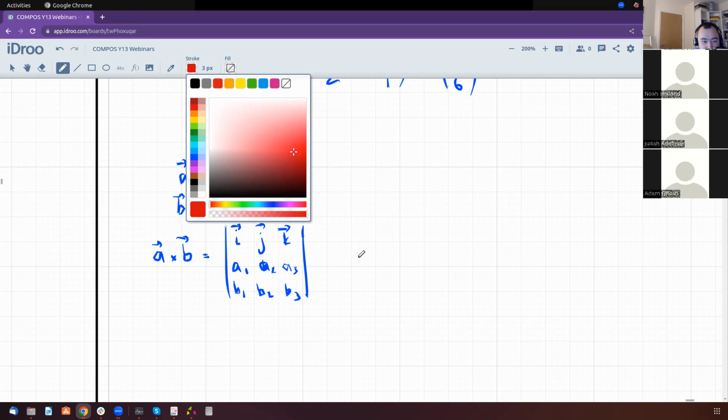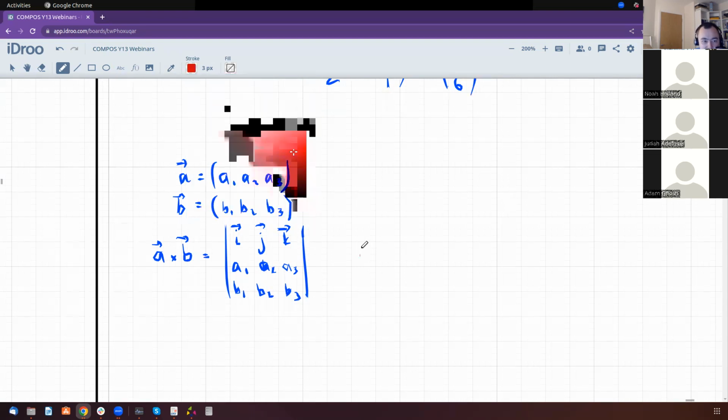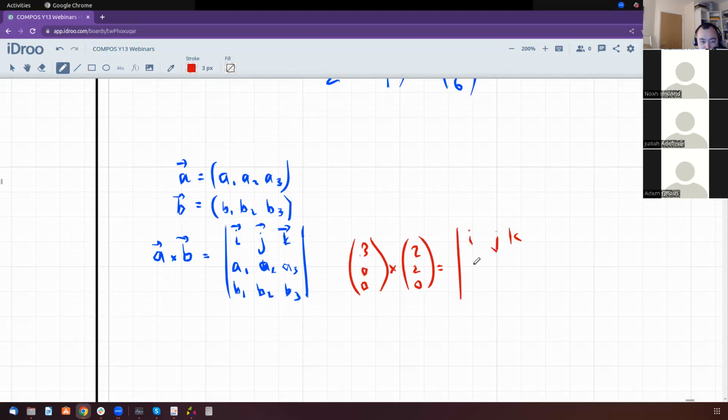Because we know A and B. So A is 3, 0, 0. Cross product 2, 2, 0 is the determinant of this matrix: i, j, k, 3, 0, 0, 2, 2, 0. So these are vectors, of course. So we do vector i multiplied by the determinant of this matrix: i multiplied by 0 times 0 minus 0 times 2, plus j.